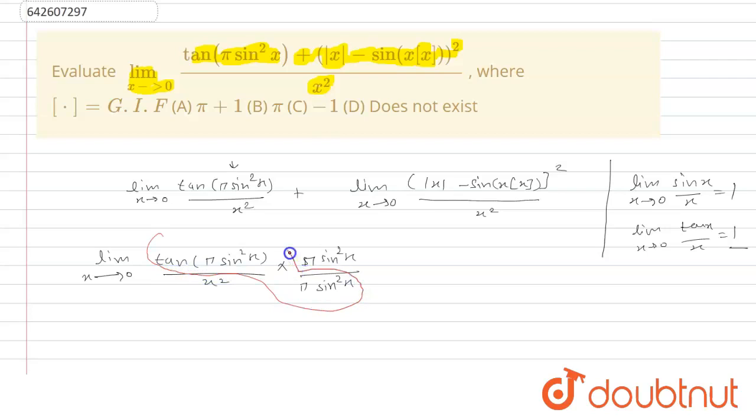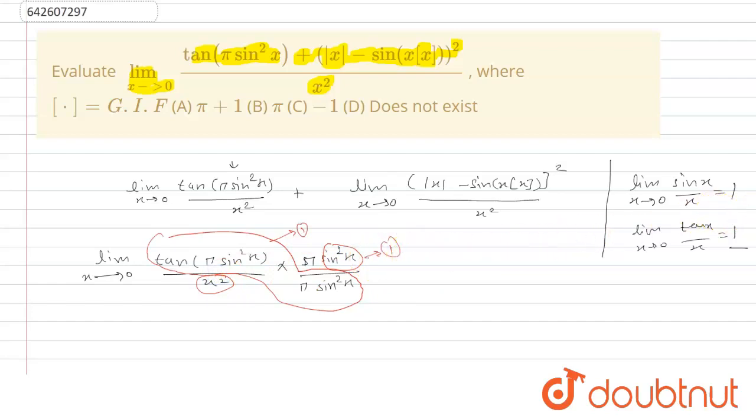This term will be equal to 1, and we know that sin x upon x is also equal to 1.